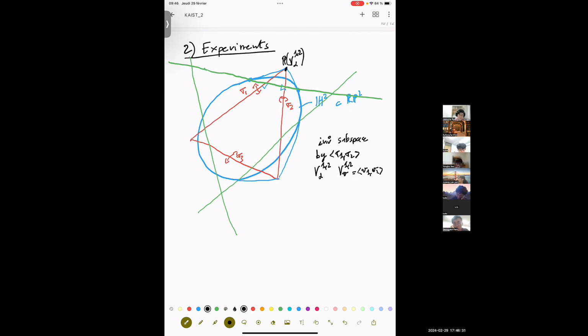So this line here is the line V1, V2. Same, this line is the line V2, V3. Same, this line here is the line V3, V1.